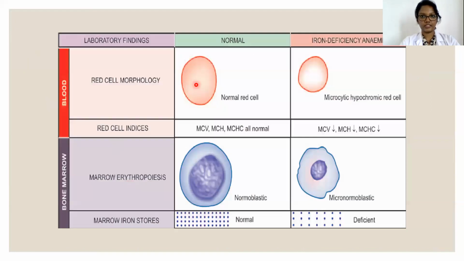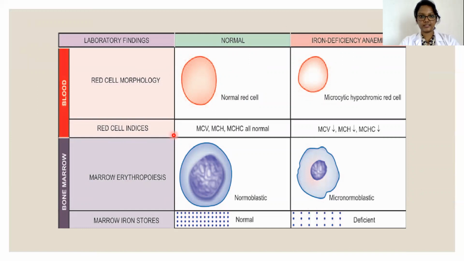This is another image to show the difference between normal and iron deficiency anemia morphology. A normal cell will have less than 1/3 central pallor, and the cell size will be similar to the nucleus of a small lymphocyte, whereas in iron deficiency they have microcytic cells, and the central pallor will be more than 1/3.